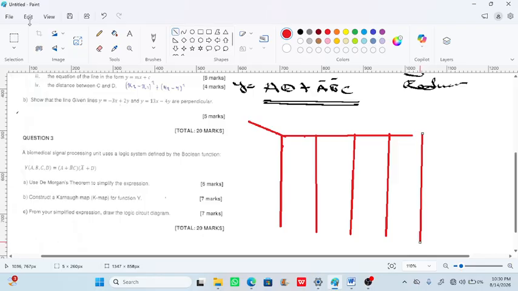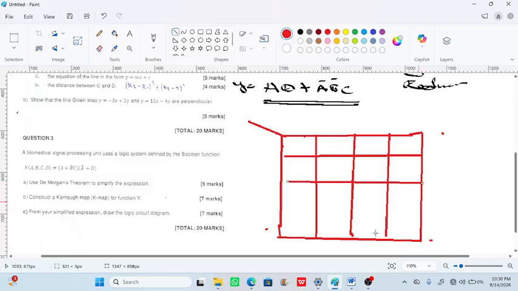Let me touch it up so that we have something clear. From there we have 1, 2, 3, and 4, so this is what we are going to have.